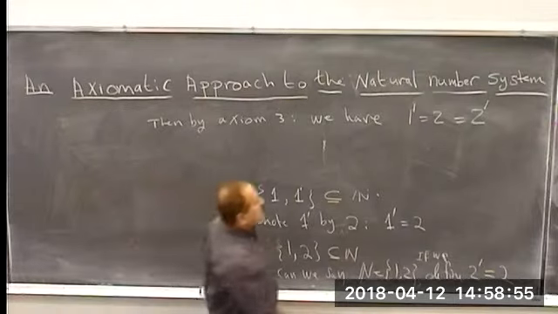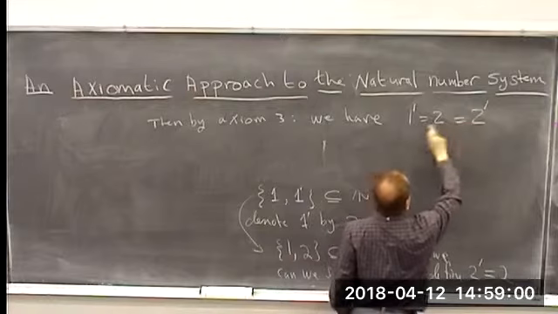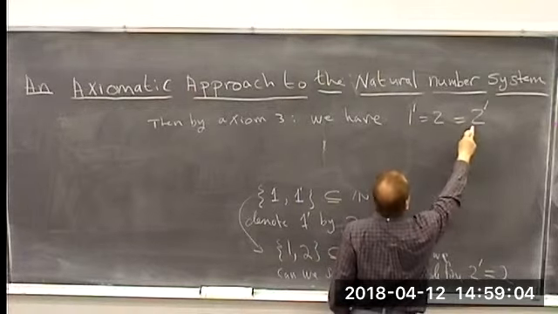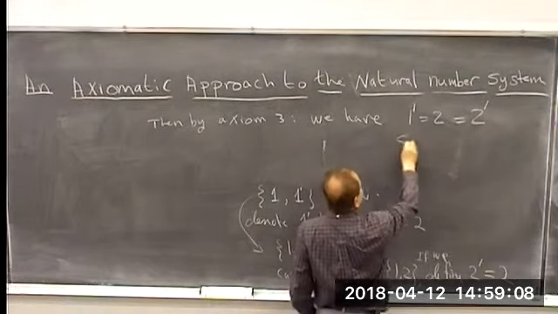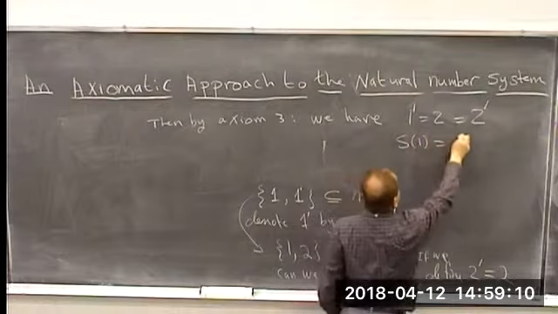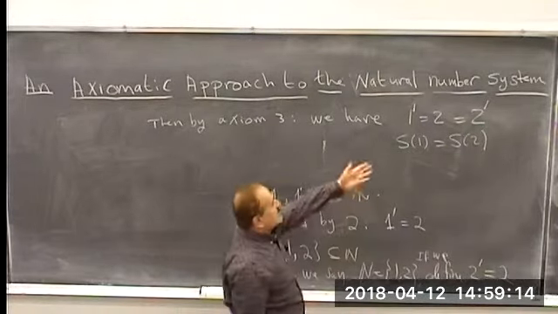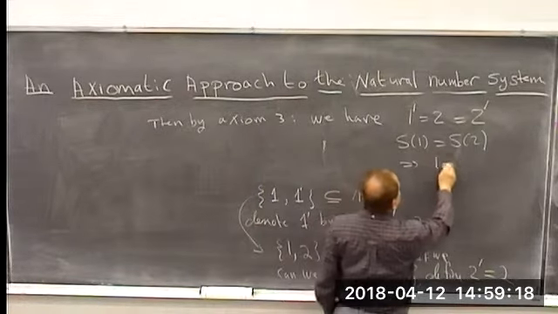This means, in terms of the successor map, S of 1 is equal to S of 2. And since S is injective, this means that 1 is equal to 2.